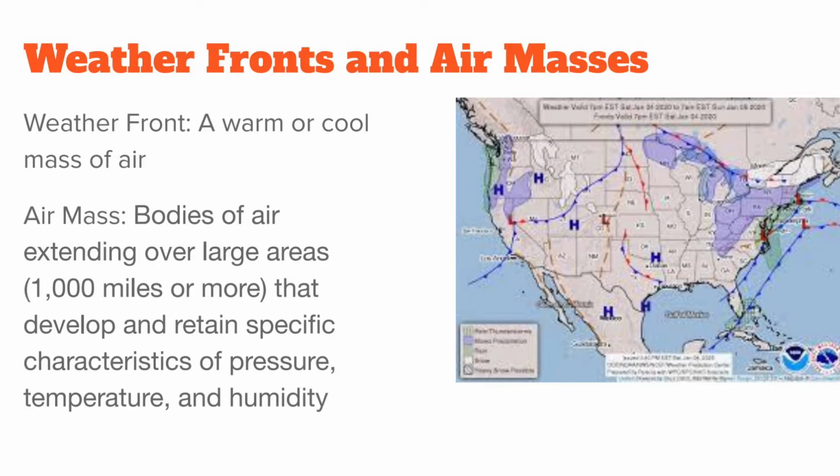Because they have specific pressure, temperature, and humidity, they make it somewhat predictable. We can watch these huge air masses moving. We can record the temperature, the pressure, the humidity there. We can see what speed they're moving at, and we can use it to predict where they're going to be and when to help us give weather forecasts.